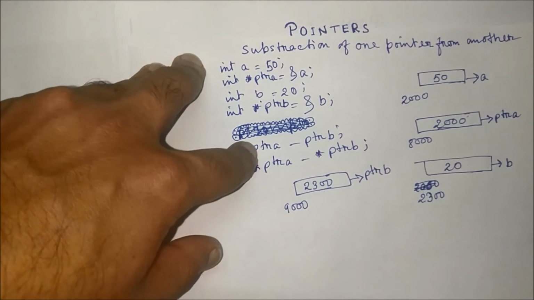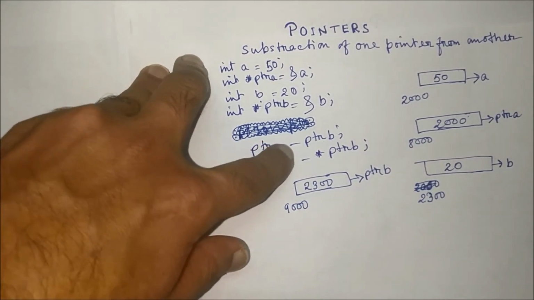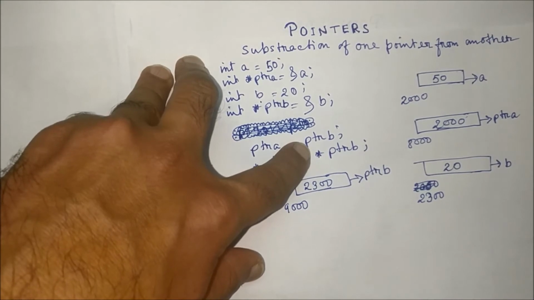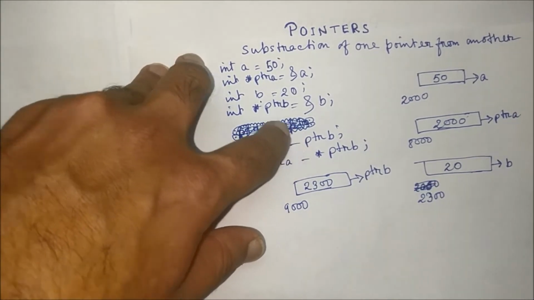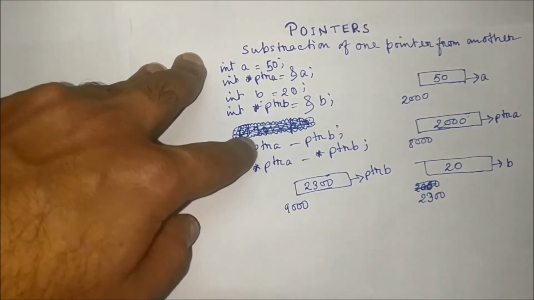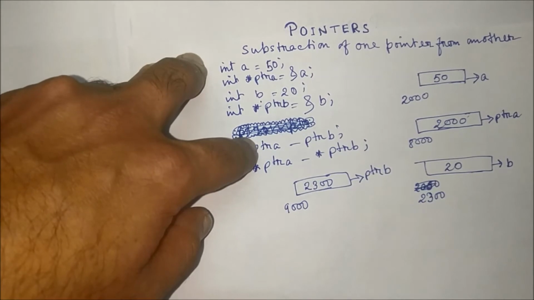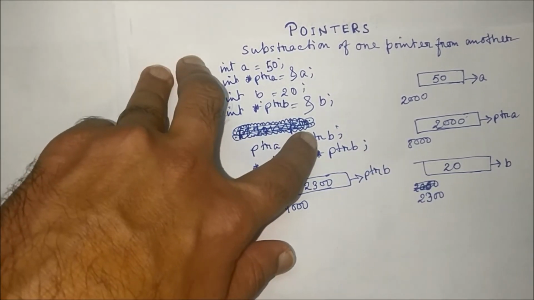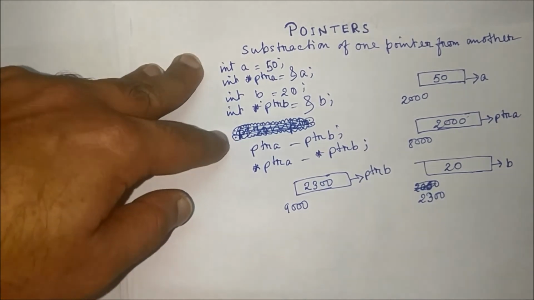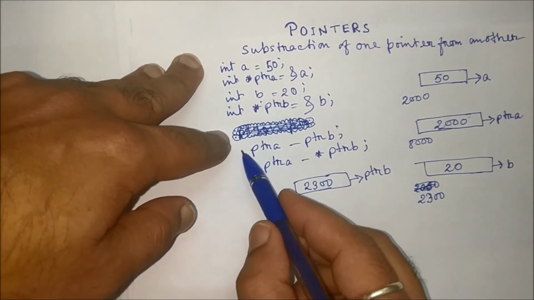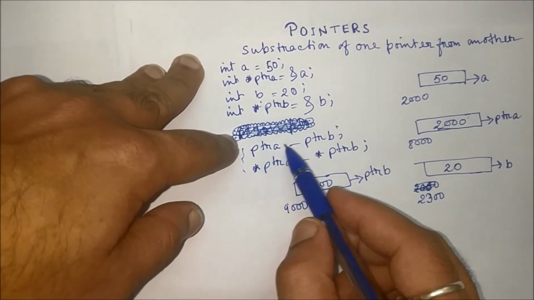Now, the interesting thing we are doing here is subtracting pointer a minus pointer b. Pointer a is pointing to an integer memory address, and pointer b is pointing to the memory address of another integer. So always remember, when you perform this type of operation, the pointers should be of the same data type.